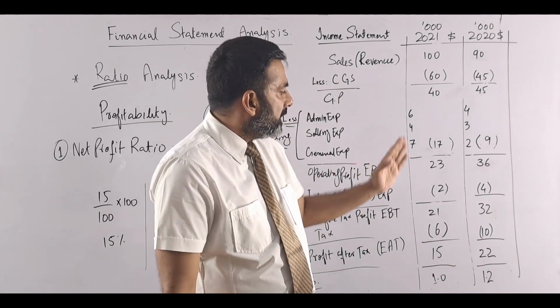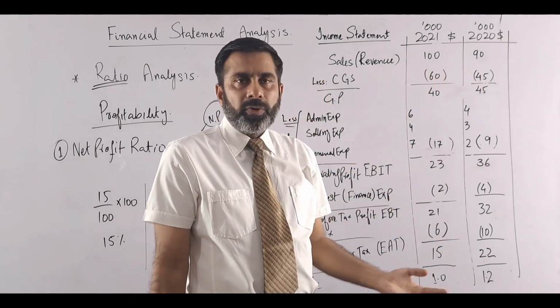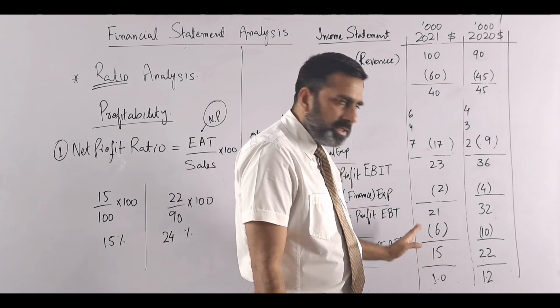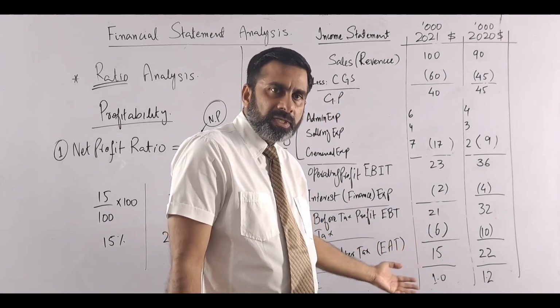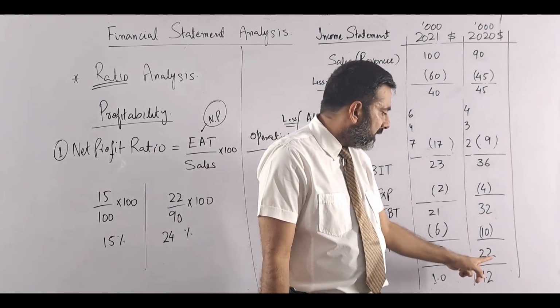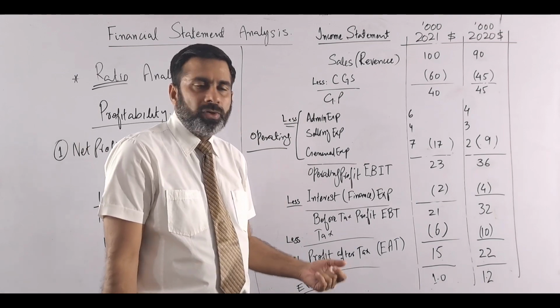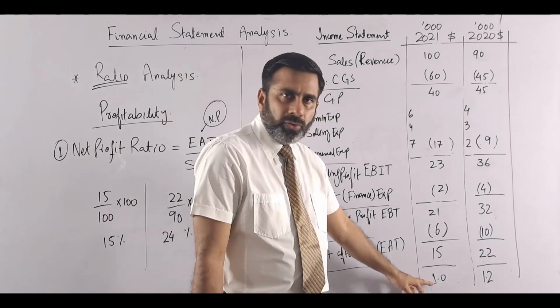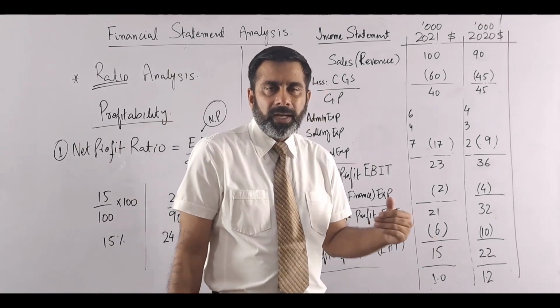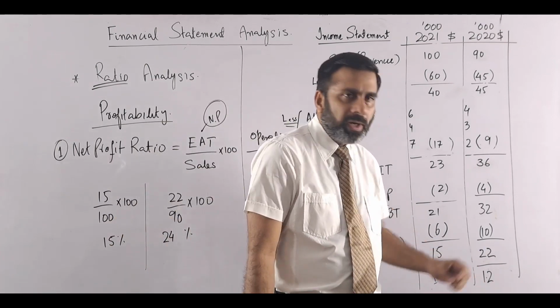Means previous year sales were less, but the profit is more. This year the profit is 15,000 or 15 million or 1,500,000, but the previous year it was 22. And the most important thing again for the shareholders, earning per share is 1.0, but last year it was 1.2.